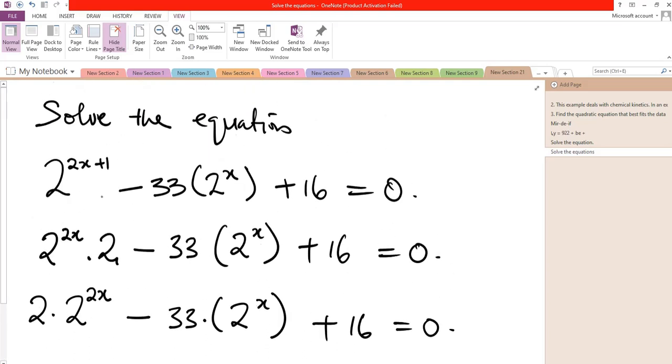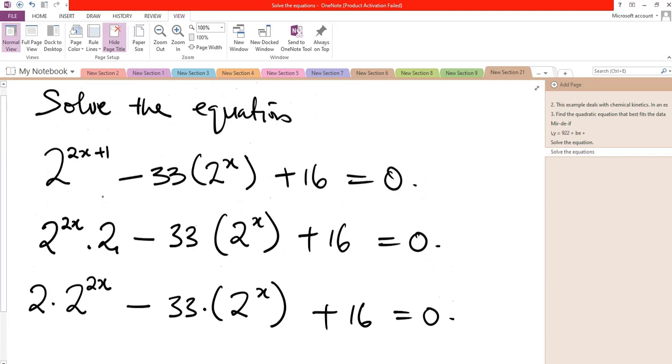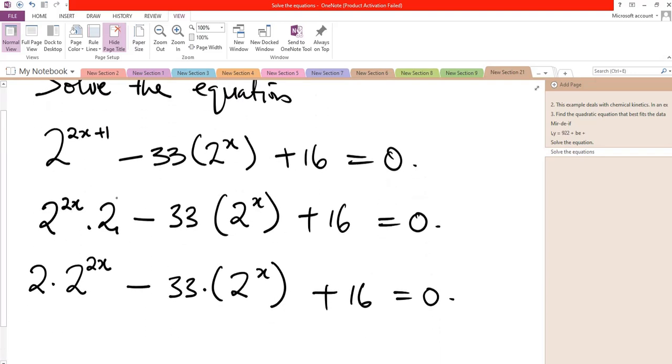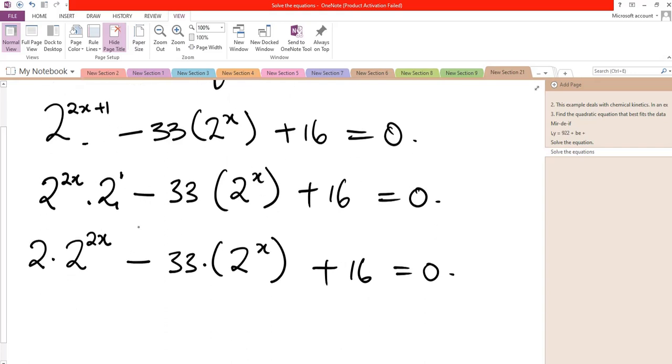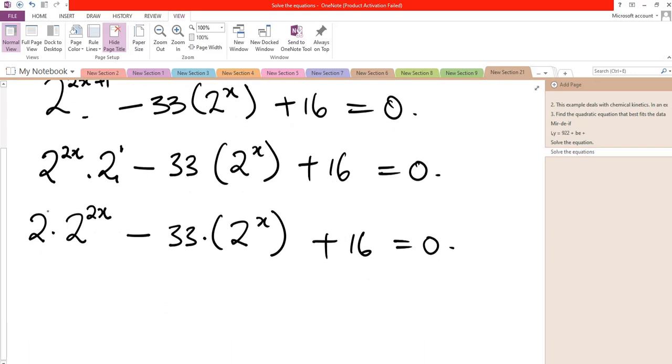Now, this expression is the same as 2 raised to the power 2x times 1. Now let's assume p is equal to 2 raised to the power x.